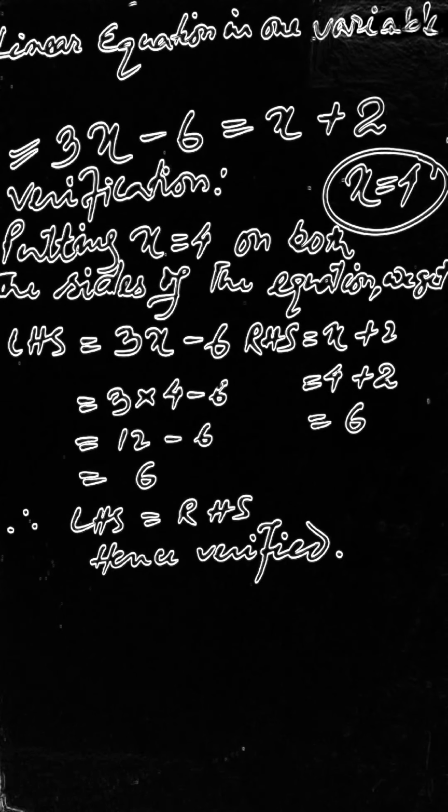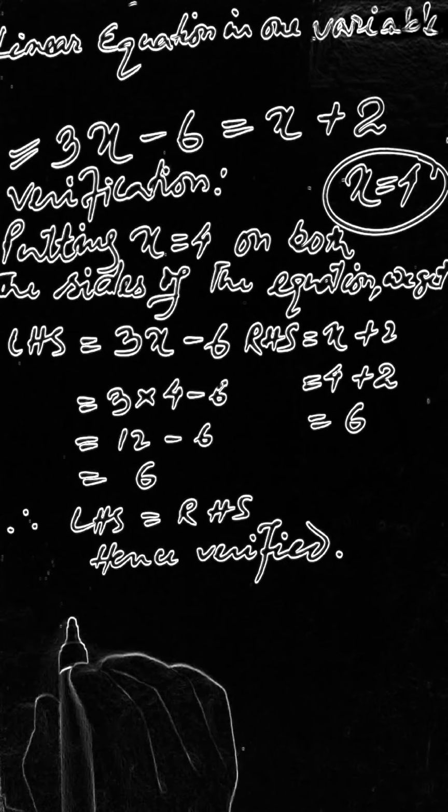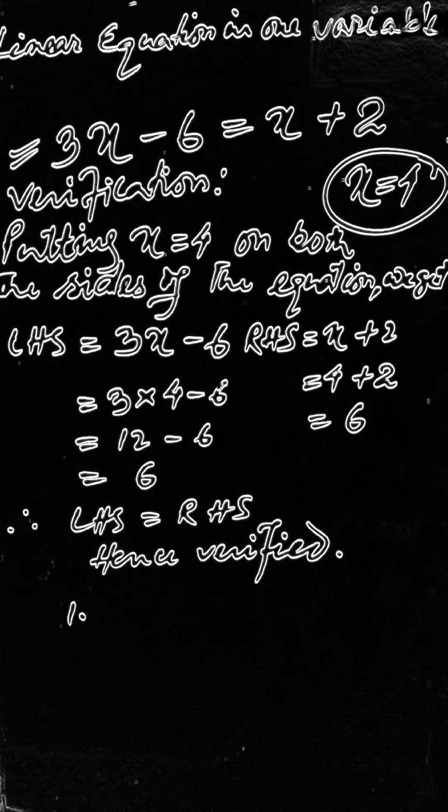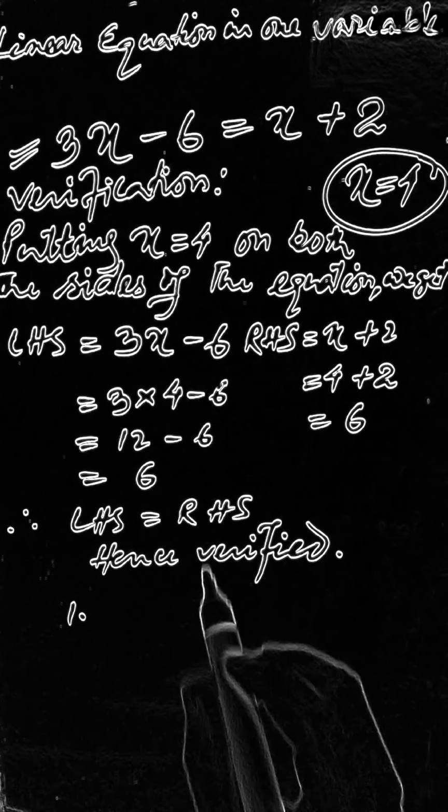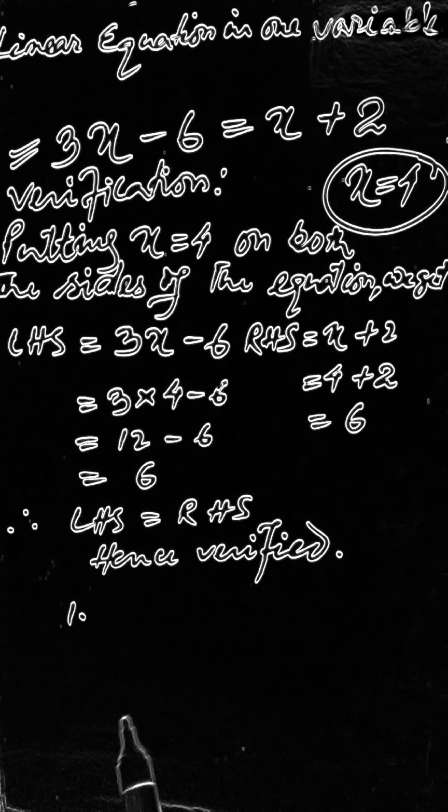Here I want to put one very important point. When you do the verification, if left hand side and right hand side are not equal, it shows that you have done something wrong. Where? How will you check? First you check in the verification part.